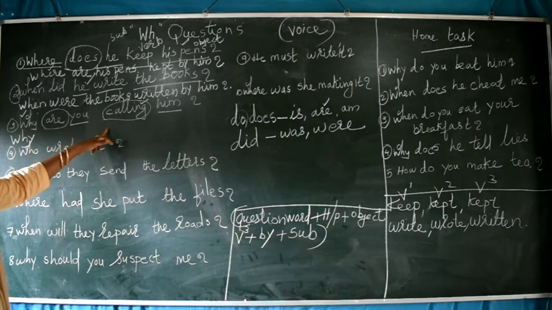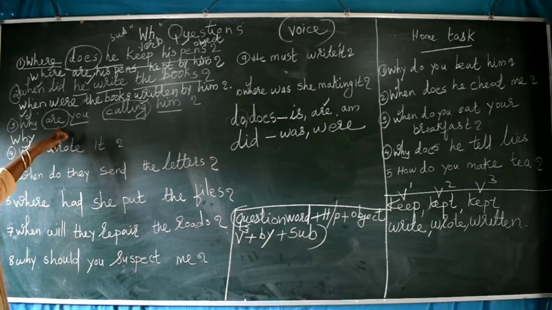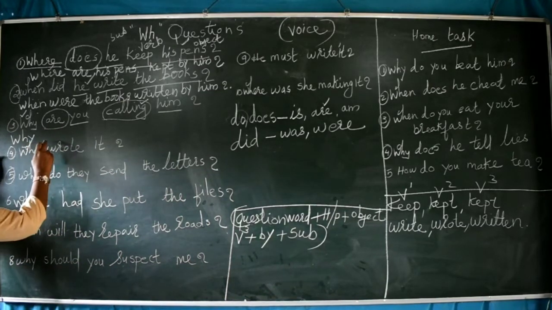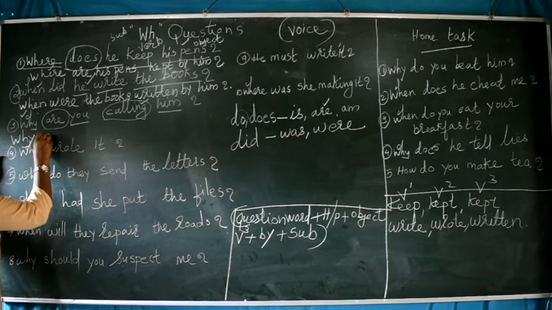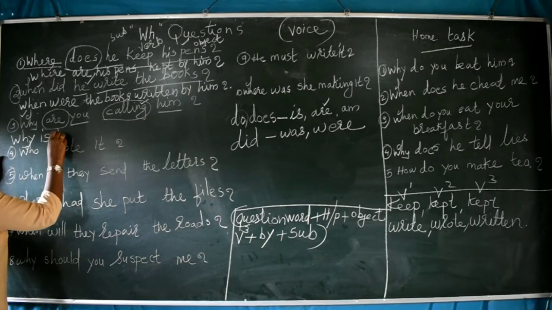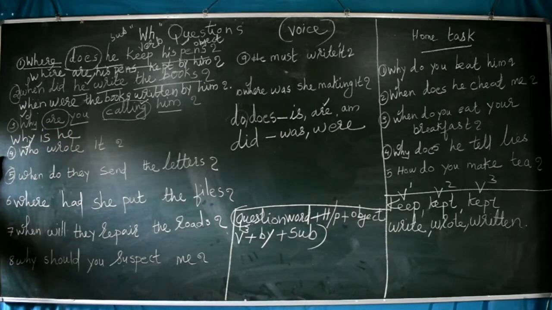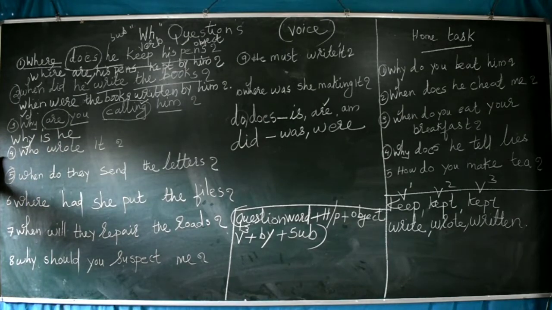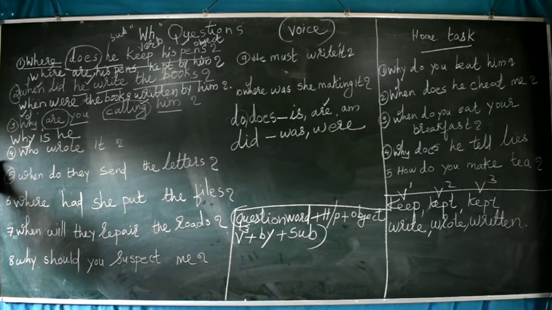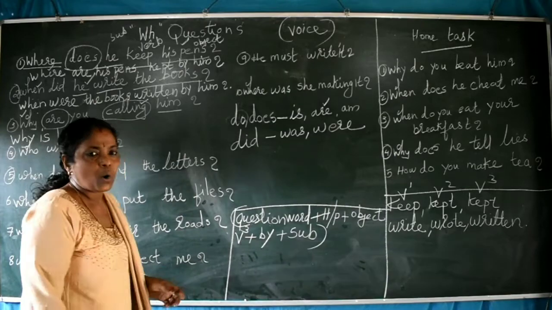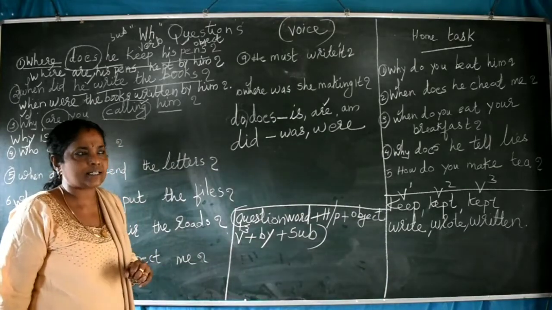Why are you calling him? Here are, but in the passive voice, is only will come. Why is he? Him will change into he as a subject. Why is he?